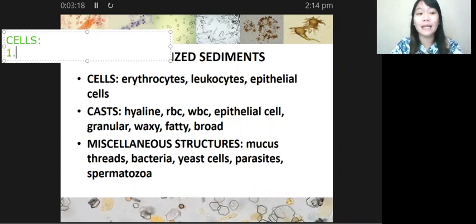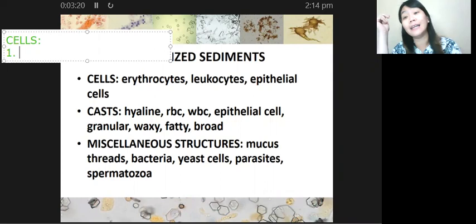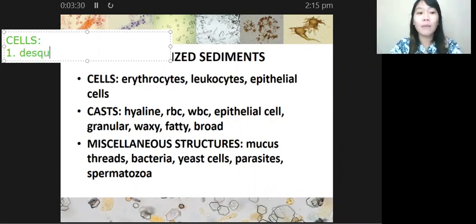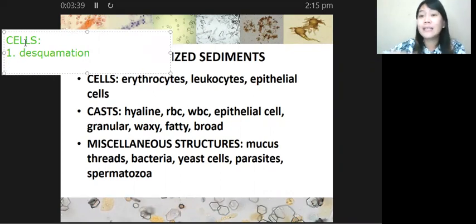So there are basically two sources of cells or two reasons why cells are present in your urine sample. So number one, your cells may be present in your urine sample due to the normal physiologic process of desquamation or exfoliation of the epithelial lining of your urinary tract or urinary system. Yan, so magkakaroon ng cells doon sa urine sample natin.